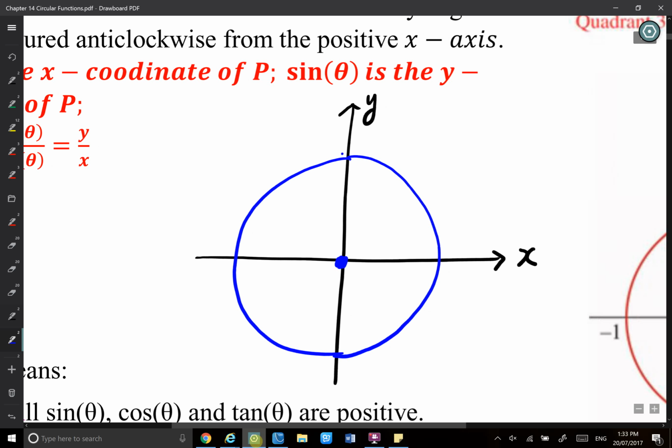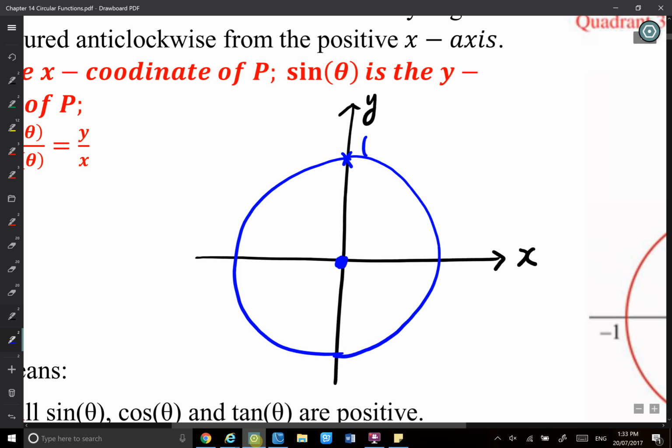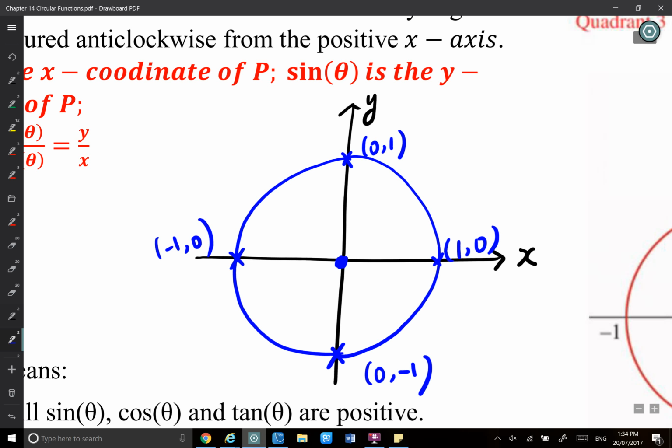What are these coordinates? 0, 1. What's that one? 1, 0. How about this one? -1, 0. And the last one here? 0, -1. Those are the four coordinates we definitely know. That's the definition of a unit circle in the Cartesian plane.